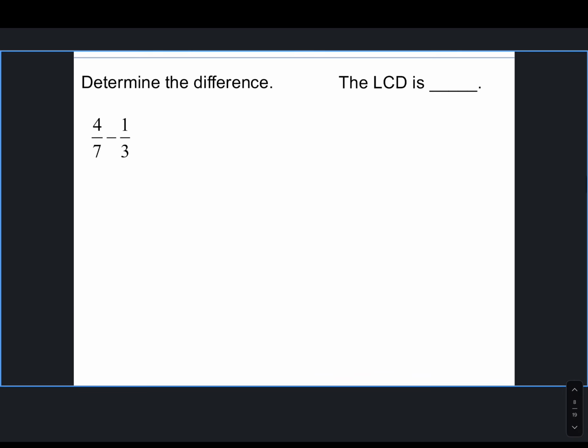Now, I want you to work on this one on your own for just a few minutes. Give that a try. We have 4/7 minus 1/3.